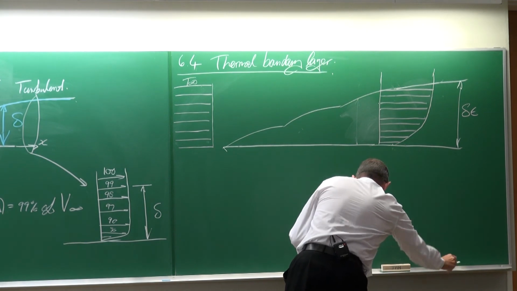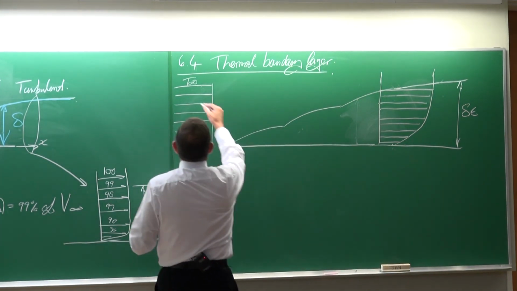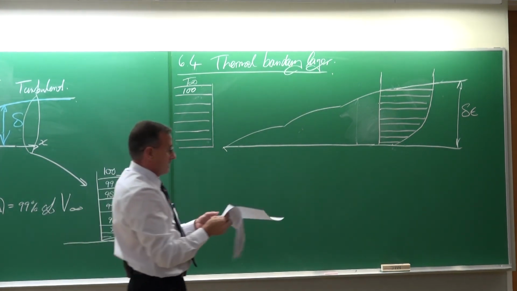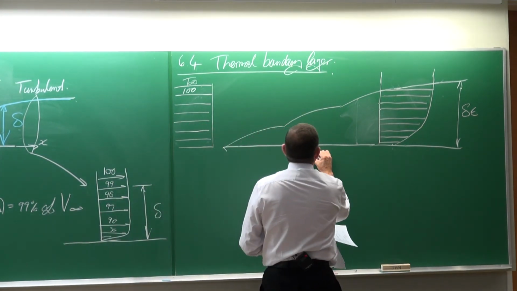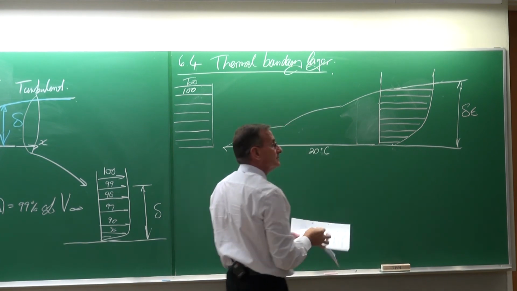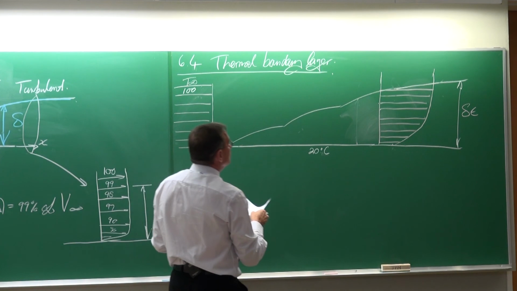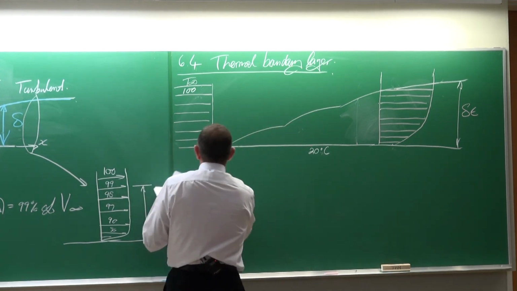And let's do it with an example, that normally helps. Let's suppose the free stream temperature is 100, and this temperature is equal to 20 for the flat plate. How are we going to determine the temperature?